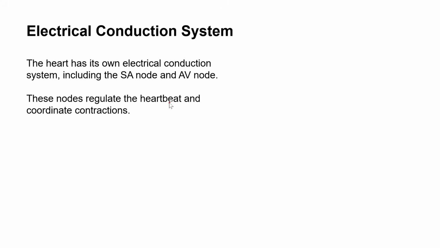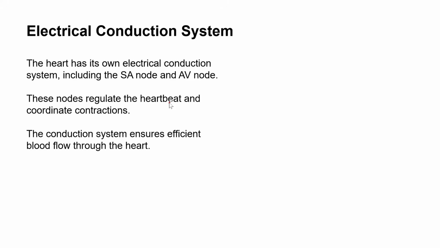So the SA node and AV node regulate the heartbeat and coordinate contractions. The heartbeats and contractions of our heart are regulated by the SA and AV nodes.